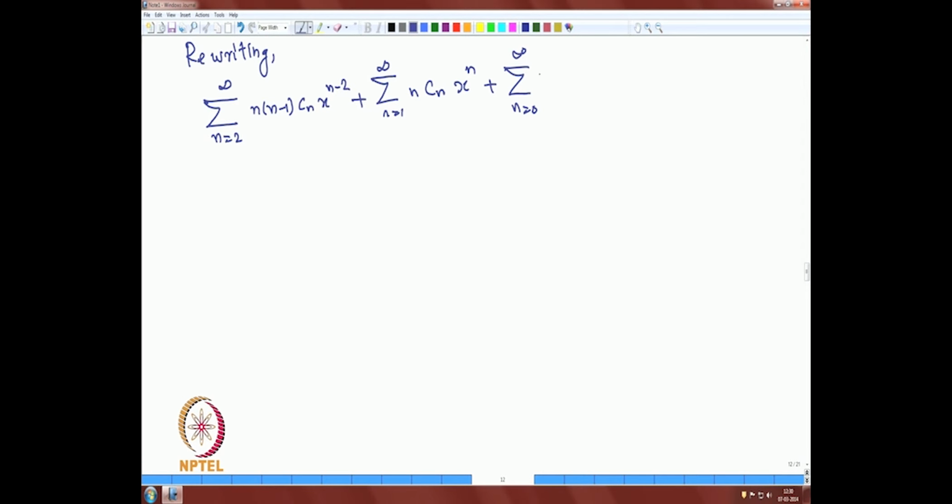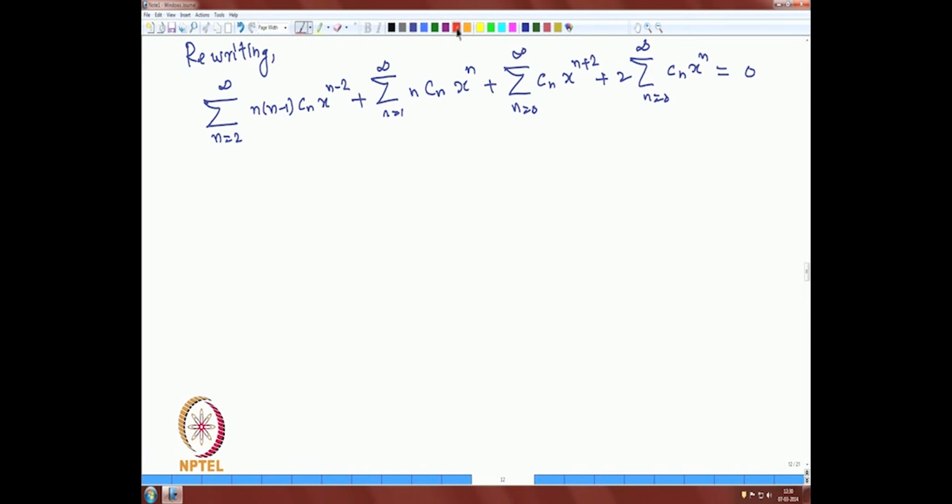There also we did a multiplication by x square. So, that results in Cn into x to the power n plus 2 when multiplied by x square, plus 2 times summation n goes from 0 to infinity Cn x to the power n is equal to 0.